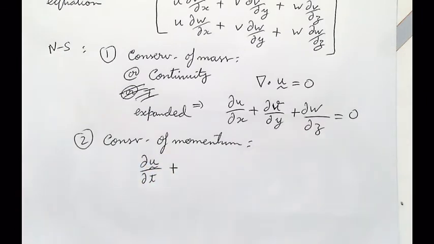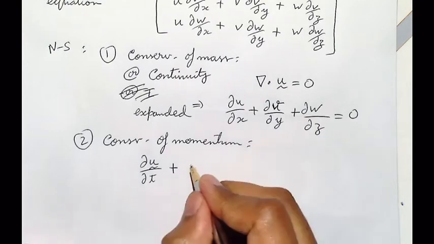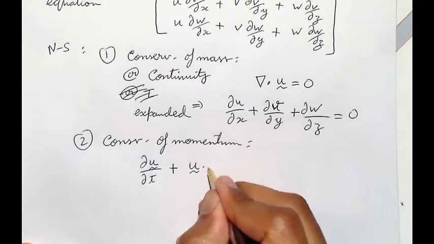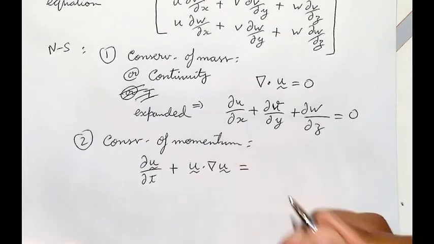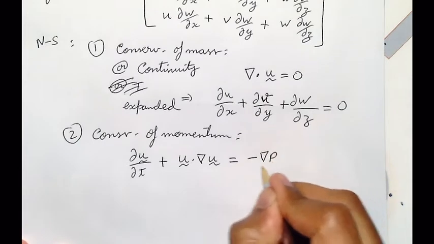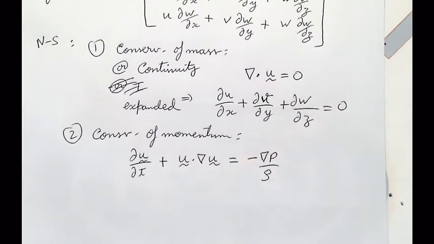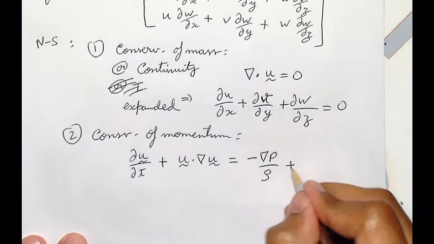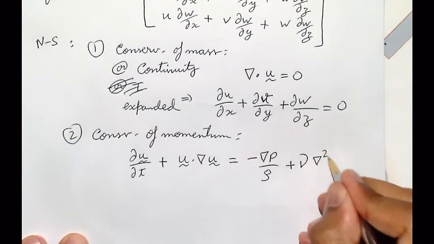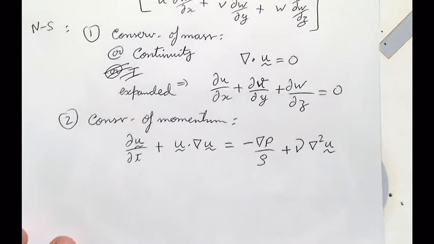Plus u dot nabla u, equals minus nabla p over rho plus mu nabla squared u. You must know this equation.